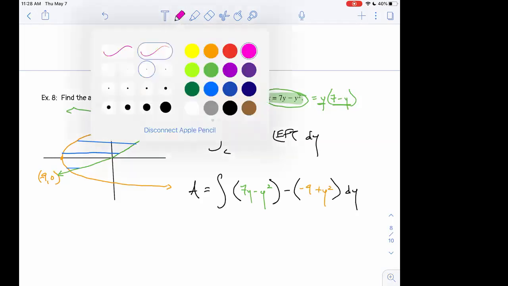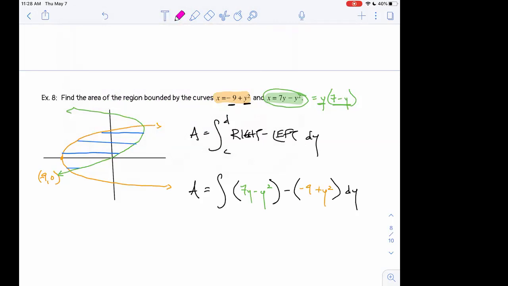Now I just have to figure out my bounds. C and D are going to be y values, because I have a dy, I have it in terms of y. So this point is going to be my C value, whatever that y value is, and this point, whatever the y value is, is going to be my D value.